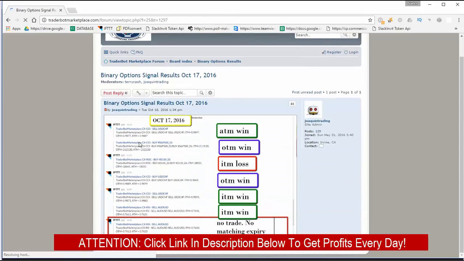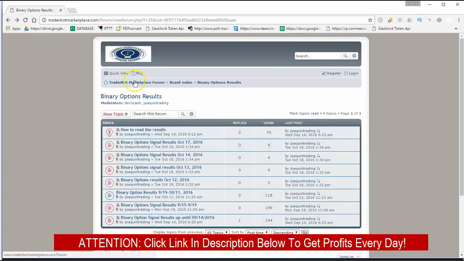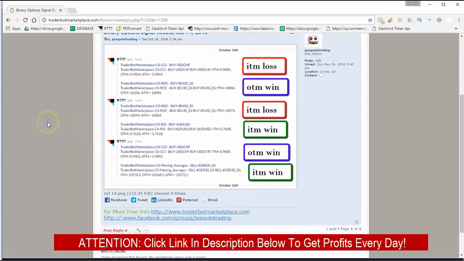Yesterday, here were the results. We had 2 OTM wins, a bunch of ITM wins, and we had 1 ITM loss. But the only ones that we're focused on are these 2 right here. So let's go to the day before that. Here are the wins and losses.